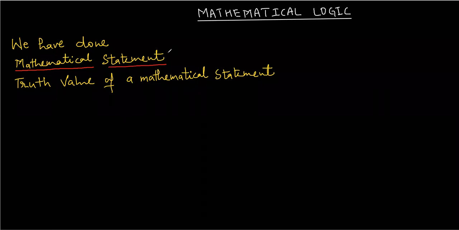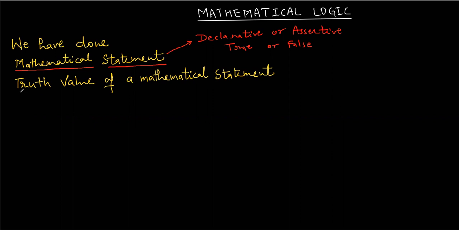For a mathematical statement, what we had done was: a sentence which is a declarative or assertive sentence, which has a truth value, true or false, is known as a mathematical statement. What is the truth value of a mathematical statement?